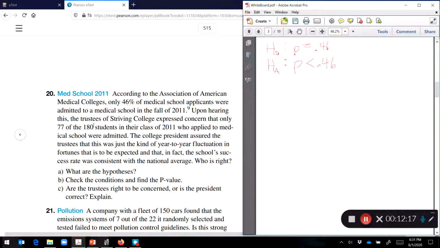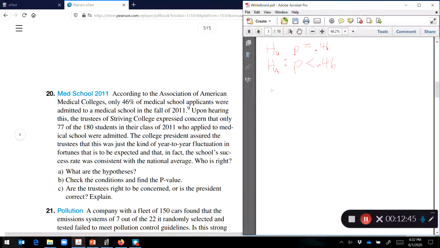Now, is our 180 less than 10% of all medical students? Yep, I'm pretty sure that's going to be the case. There's more than 1,800 medical students admitted to the college. And then 10 successes and failures. Well, we've got 77 successes and 180 minus 77, so they're both bigger than 10, but we should check them against the 0.46 that is assumed to be the case.